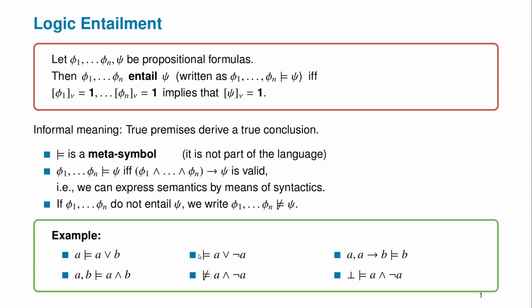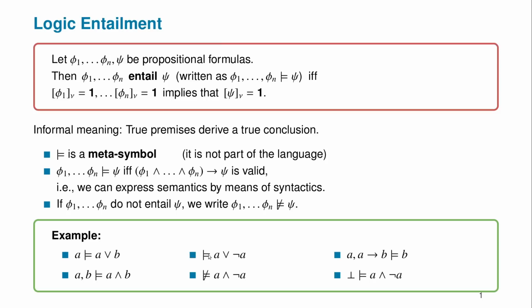Here in the middle we have a very interesting case. On the left-hand side we have no formula given. Here nothing is written down, and this means that we have the empty conjunction. Because these n phi's can be read as a conjunction, and if we have the empty conjunction, then we have top here.